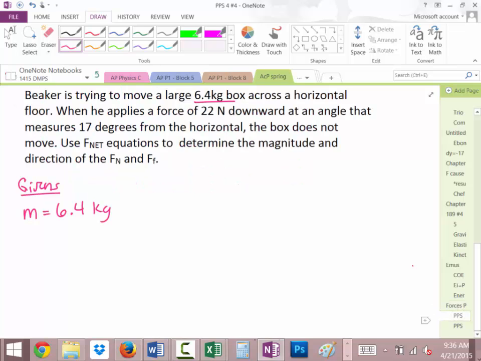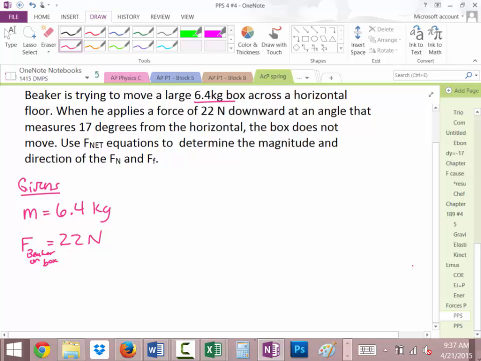All right, everyone given? I need some more. Share with me the givens that you see. What else do you see? Sean, what do you see? He uses a force of 22 newtons. Okay, so 22 newtons. What am I going to label that as? Force of Beaker on box.